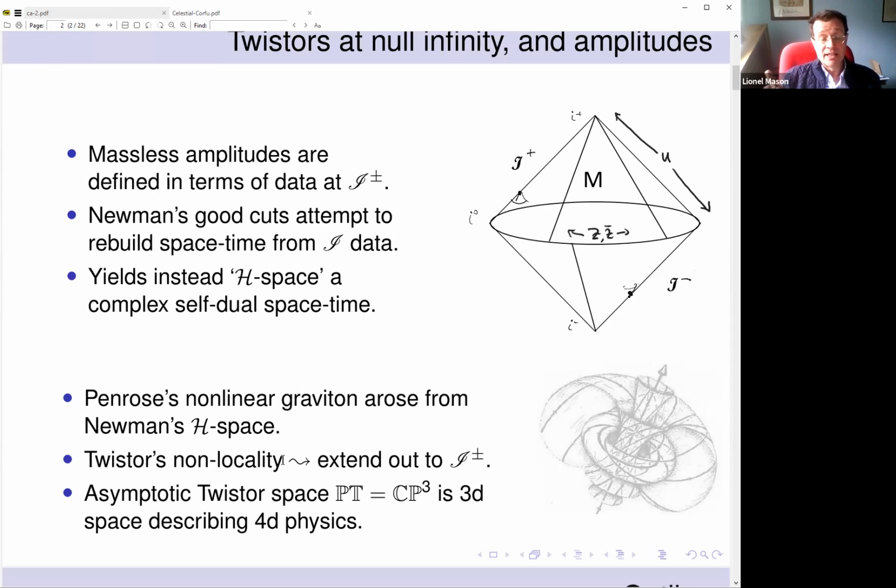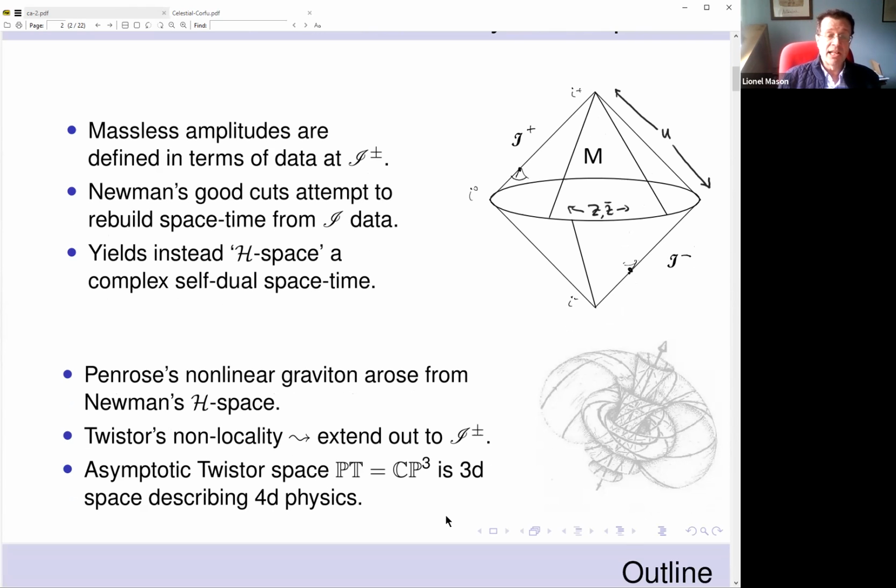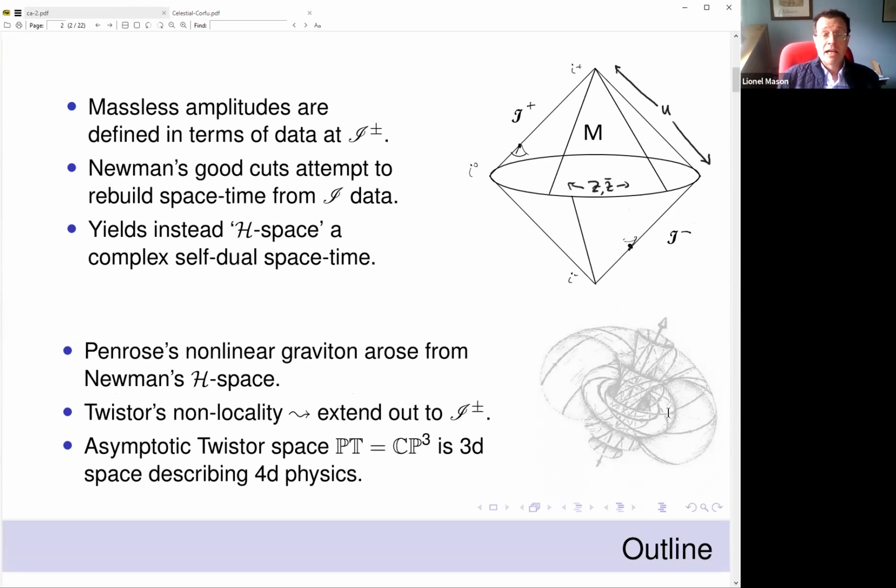They correspond to 2-planes in the complexification that do reach out to scri, so you can access them at null infinity. And twistor space, like scri, is a 3-dimensional space that describes 4-dimensional physics, so it still has a holographic aspect. What I'll explain is that there's a kind of Legendre transformation between null infinity and twistor space.